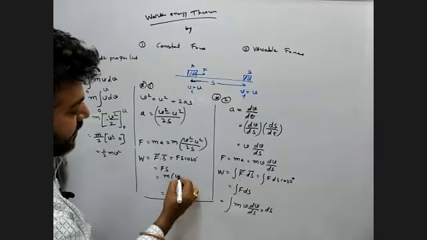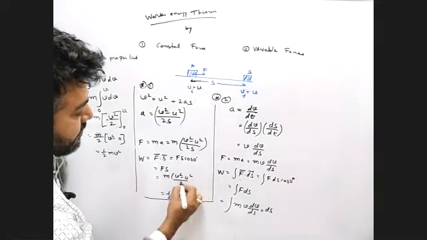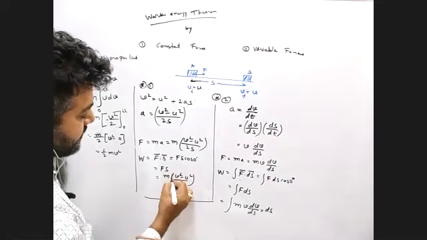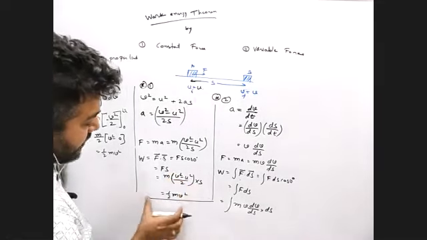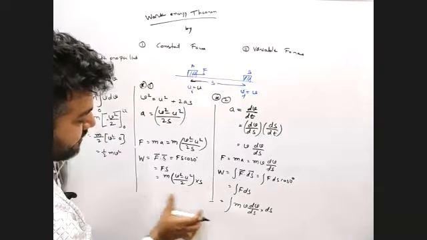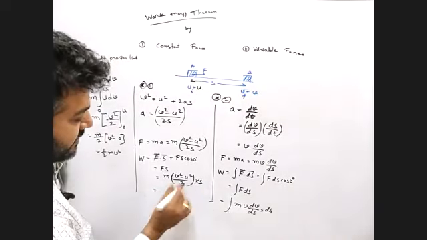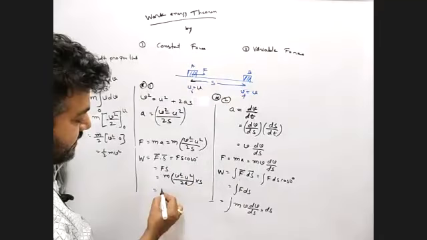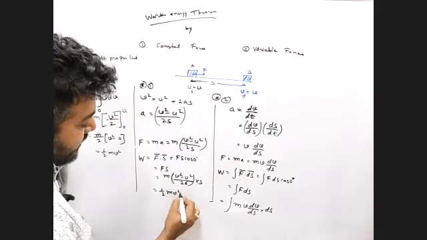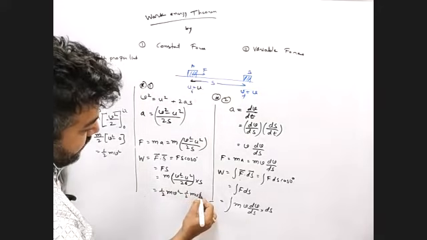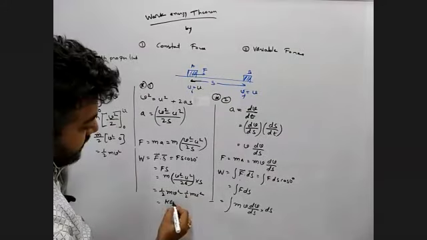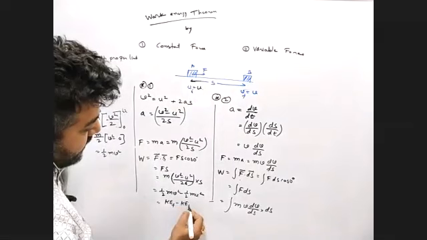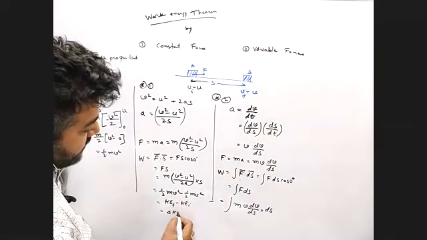So m v square minus u square by 2s into s. So what you have? s and s cancel, half m v square minus half m u square, that is kinetic energy final minus kinetic energy initial, that is change in kinetic energy.